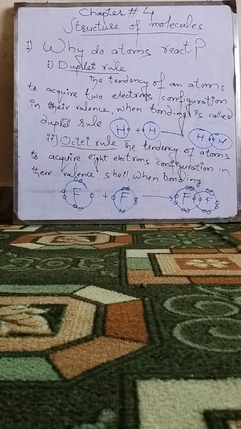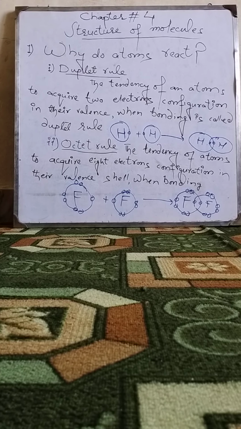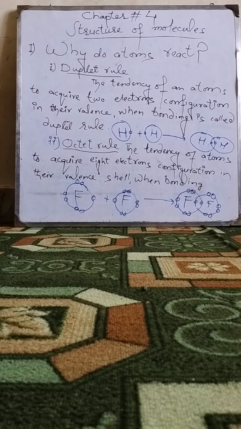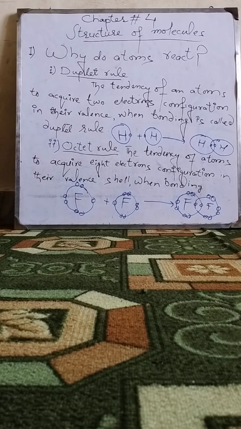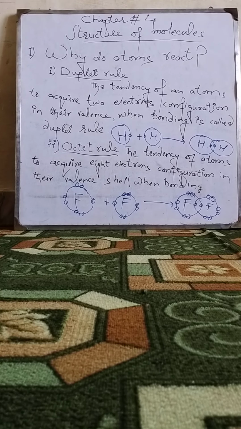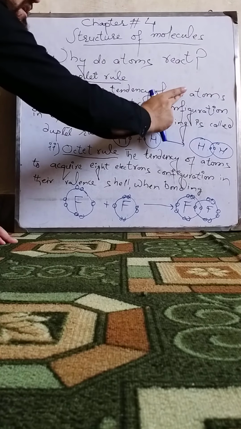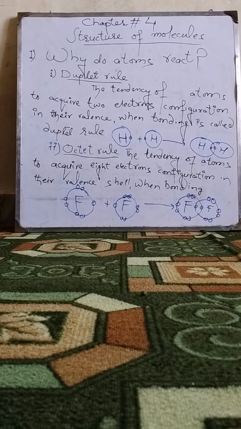Atoms react in order to attain stability, in order to lower their energies, and in order to attain the nearest electronic configuration of noble gases by obeying two rules, the duplet rule or the octet rule. The duplet rule states that the tendency of atoms to acquire a two-electron configuration in their valence shell when bonding is called the duplet rule.